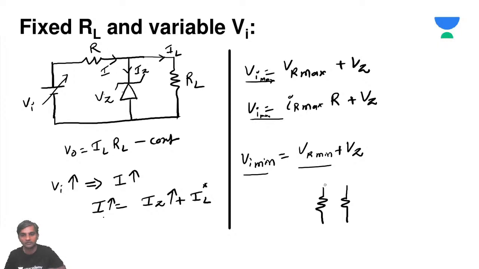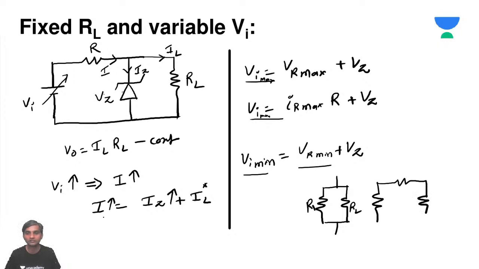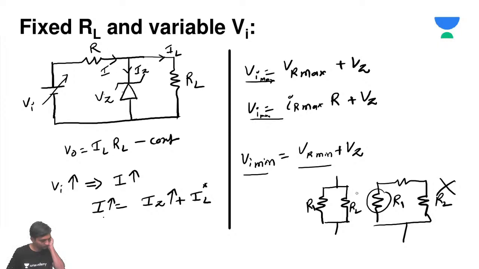Let's say it is R1 and R2 with some other resistance in between. Do we call R1 and R2 parallel? No, these two are not parallel. But the Zener diode and the load resistance are in parallel.